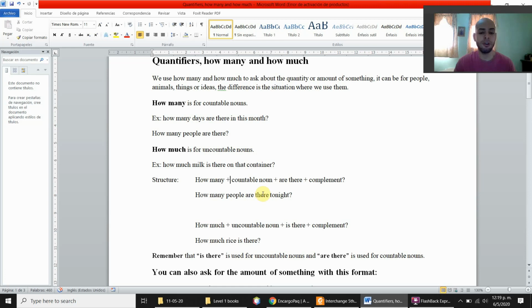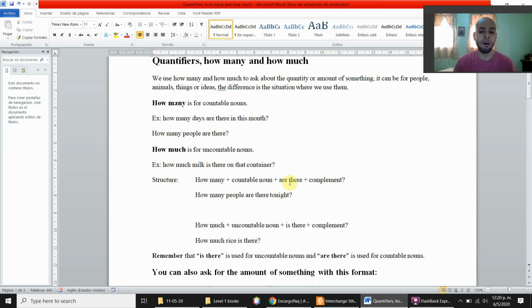How many people are there tonight? And how much plus an uncountable noun plus is there plus a complement? How much rice is there? For example, rice is an uncountable noun.